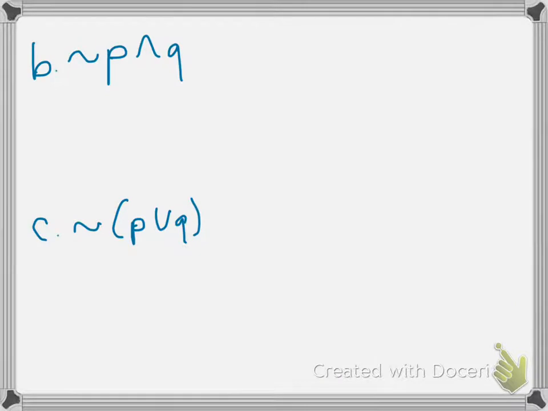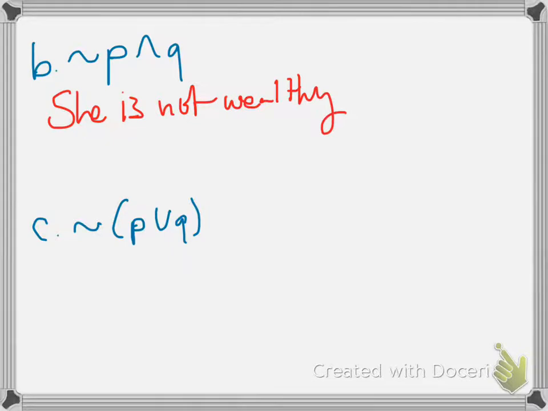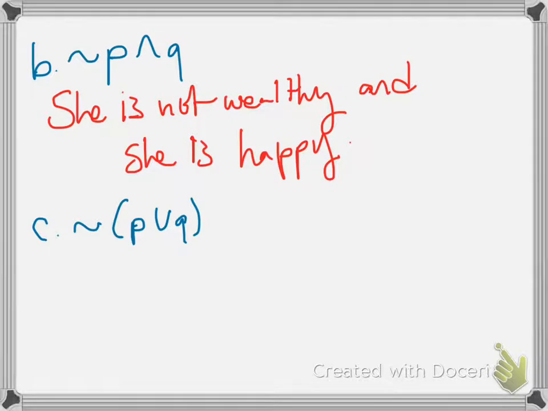All right. So then we have not P and Q. So P was she is wealthy. So she is not wealthy and she is happy.